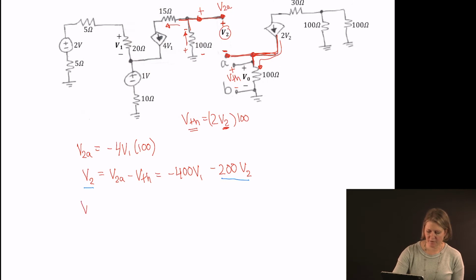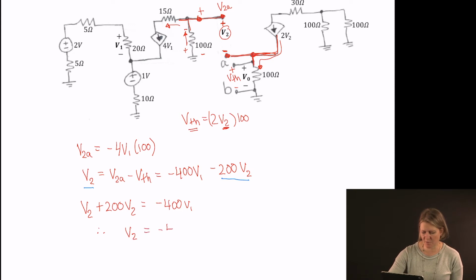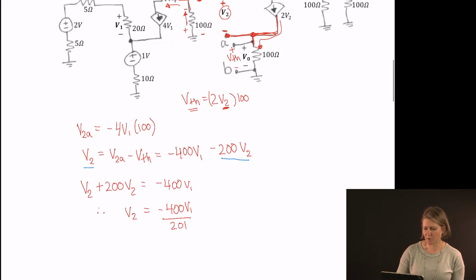So I have V2 plus 200 V2 is equal to minus 400 V1. And so V2 is going to be minus 400 V1. I combine the 200 plus 1 and divide it onto this side for a 201 V1.